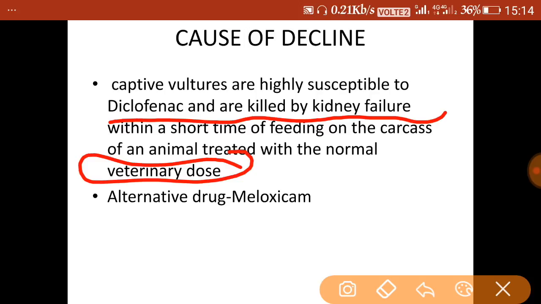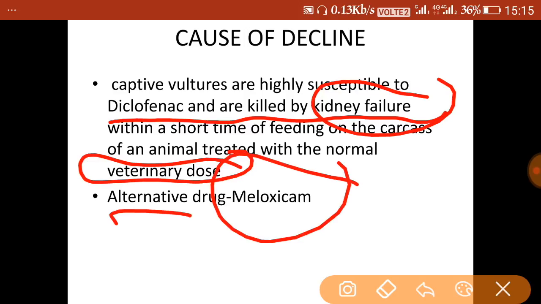Now, whenever we give dosages of diclofenac to animals and even then the animal does not survive, it is eaten up by these vultures and they die of kidney failure. There is an alternative drug now called meloxicam.